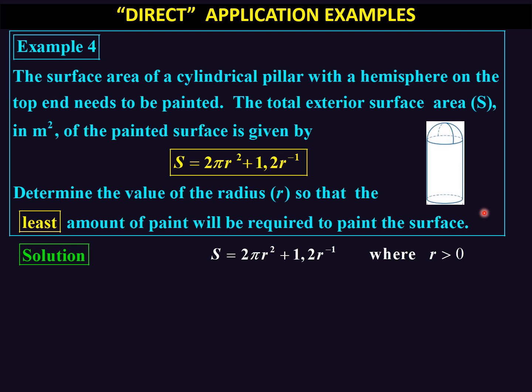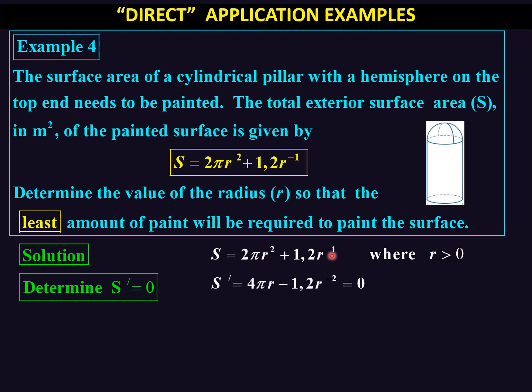Differentiate and equate it to 0. Let's do this one. We have to be just a little bit more careful with this one. Differentiate that, give you a chance, and differentiate the second term. So let's see. The first one there is 4 pi r with negative 1, 2, and the negative 1 becomes a negative 2. Basic differentiation skill there.